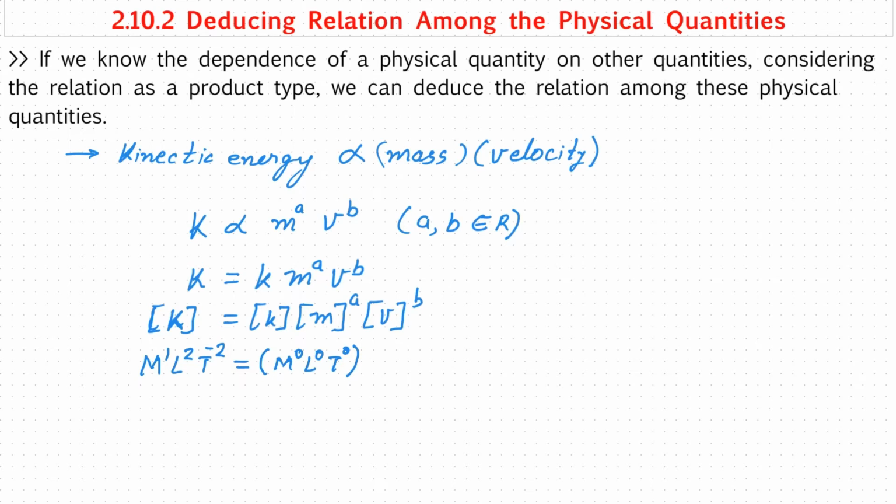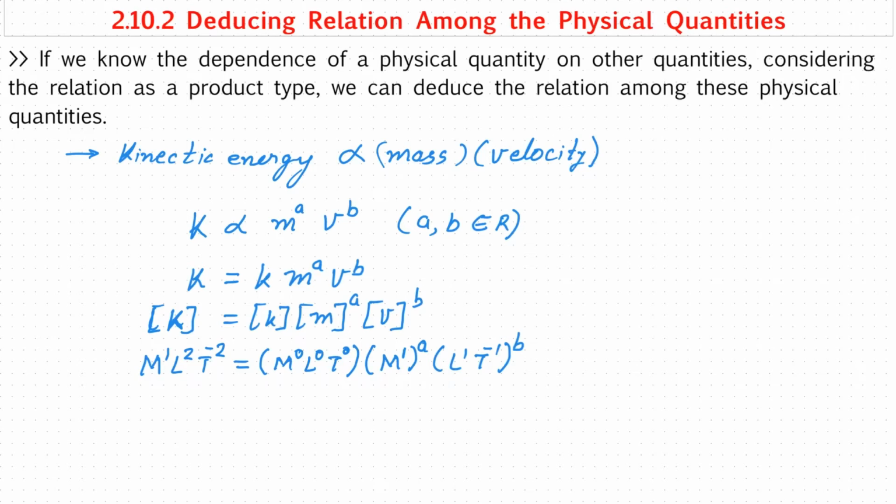Then comes mass. For mass, we know the dimension can be written as M1 raised to a, and for velocity we can write the dimension formula as L1 T minus 1 raised to b. Don't forget the powers here.